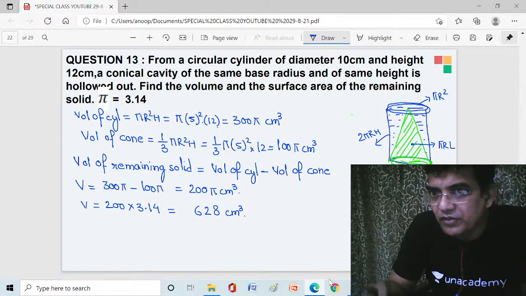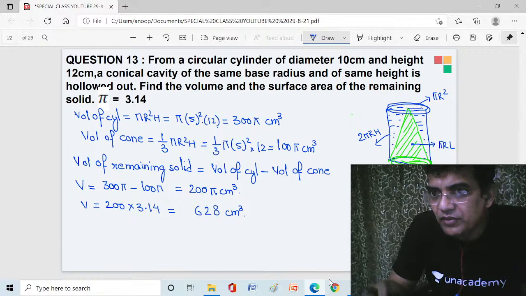L square is equal to h square plus r square. So L square is equal to 12 square plus 5 square. So L square is equal to 169. So the slant height is coming 13. Okay.